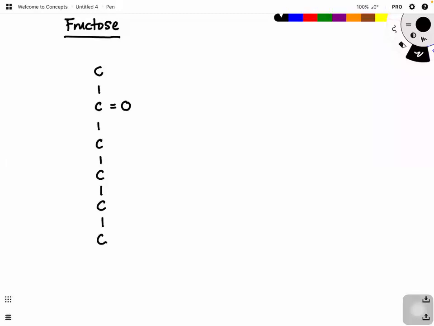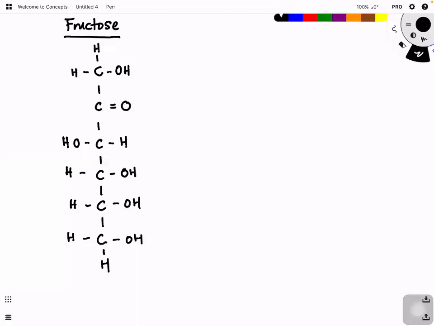Carbon number 1 is CH2OH. Carbon number 3 has OH and H. Carbon number 4 OH, carbon number 5 OH, carbon number 6 OH. So in the exam, you do not need to know the linear structure of the fructose and also the ring structure of the fructose, no need.